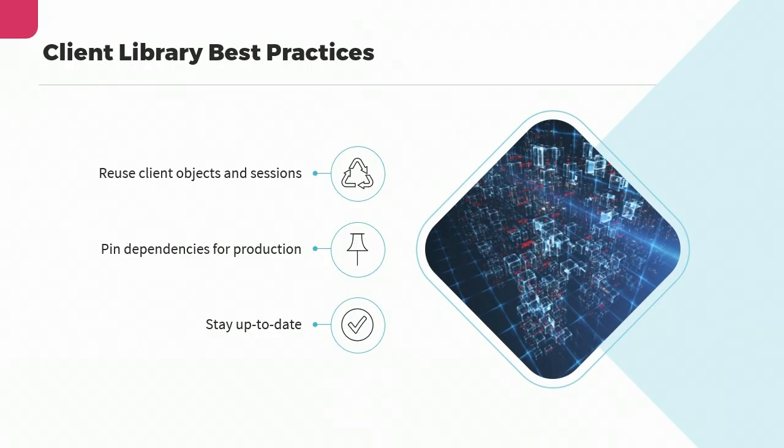These client libraries could change often, and you might see daily updates or releases, but you want to stay up to date in the development version and pin your dependencies for production so that you don't accidentally use new features that are not tested in production. And that is just a little bit of what's available with these client libraries and programming languages, as well as why we use them and some of the best practices to use them in our code.